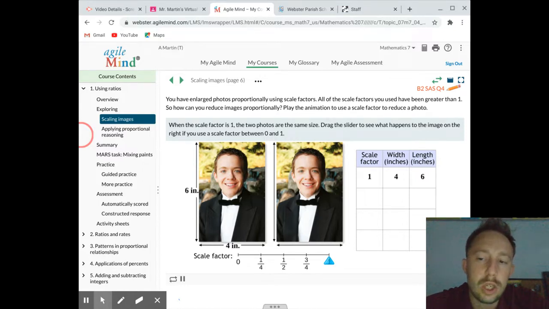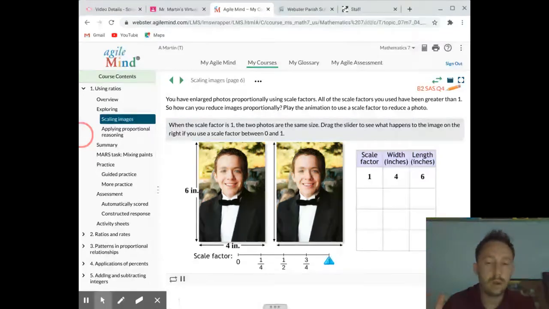All right, so let's make a prediction. If we drag this scale factor and it's going to be smaller than 1, is the picture going to enlarge or is it going to reduce? Reduce. All right. And reduce means to do what? To make the picture smaller. It's going to get smaller, or it's going to shrink. It's not necessarily going to take it away unless you went to a super small number where you wouldn't be able to see it anymore.